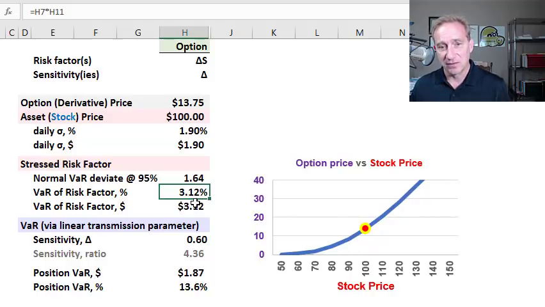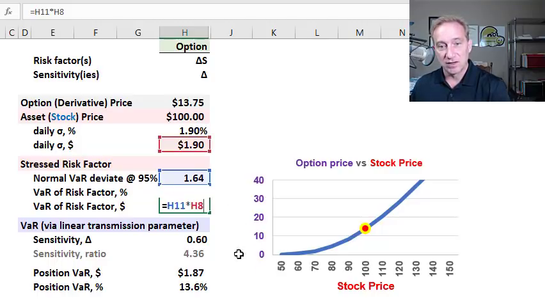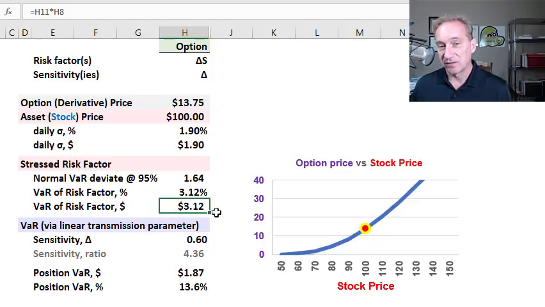In this case, it's the VaR of the risk factor, or the worst expected change in the stock price. Given that volatility assumption of 1.9%, if it is normally distributed, then the 95% VaR of the underlying risk factor is $3.12.